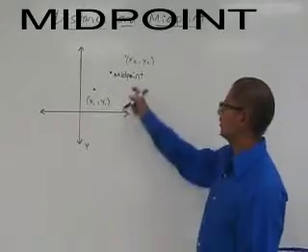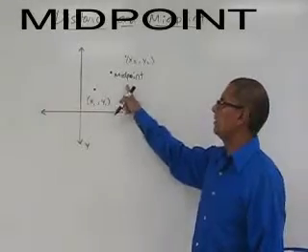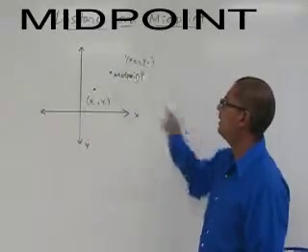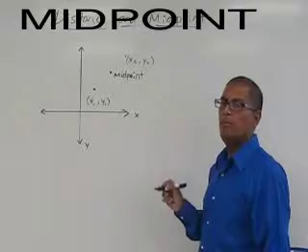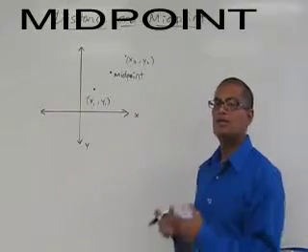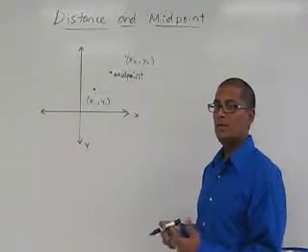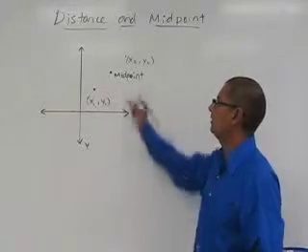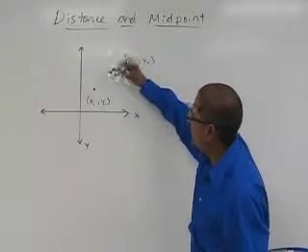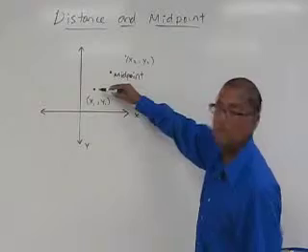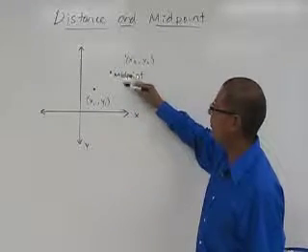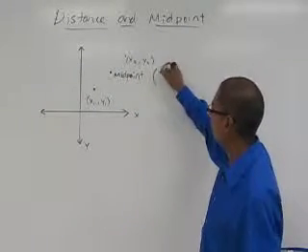The next formula we want to talk about is the midpoint formula between 2 points x1, y1 and x2, y2. How do you find the middle of something? In this case, think of it as finding the average. The middle between x1 and x2 is going to be the average of x1 and x2.